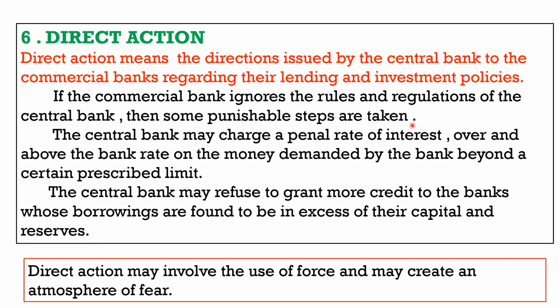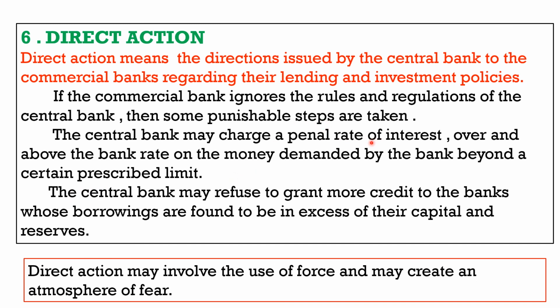Similarly, these commercial banks may have to face some punishable steps if they purposely try to default on these rules and regulations. What can these punishments be? RBI may charge a certain penal rate of interest over and above the bank rate on the money demanded by the bank beyond a certain prescribed limit.